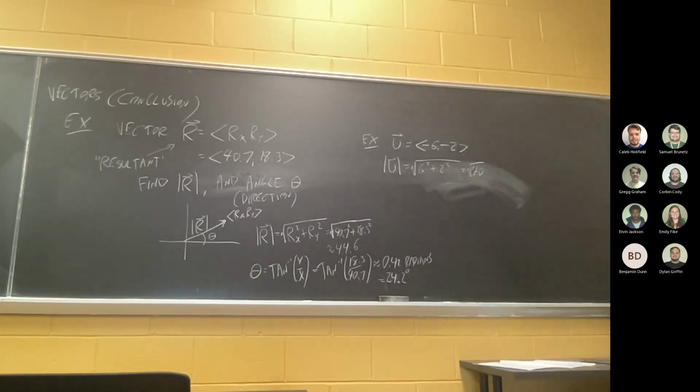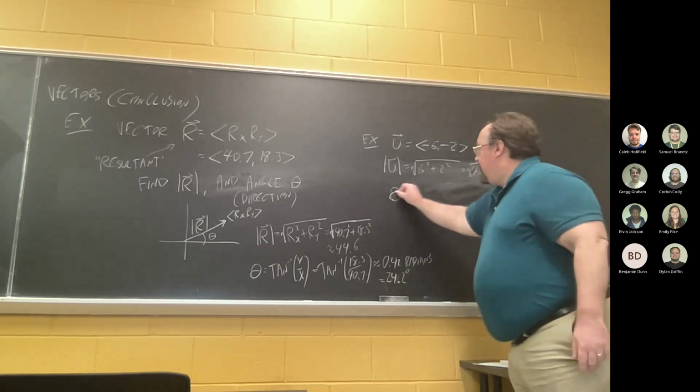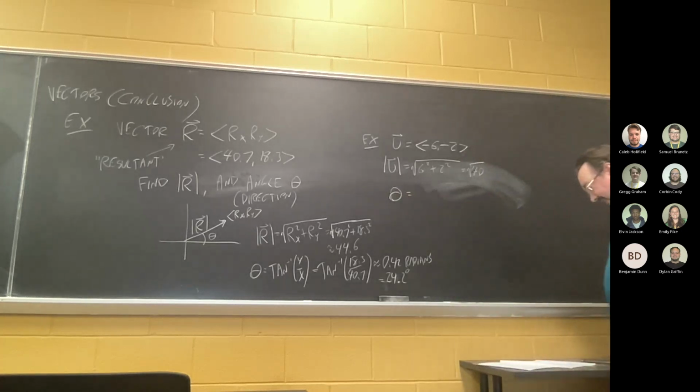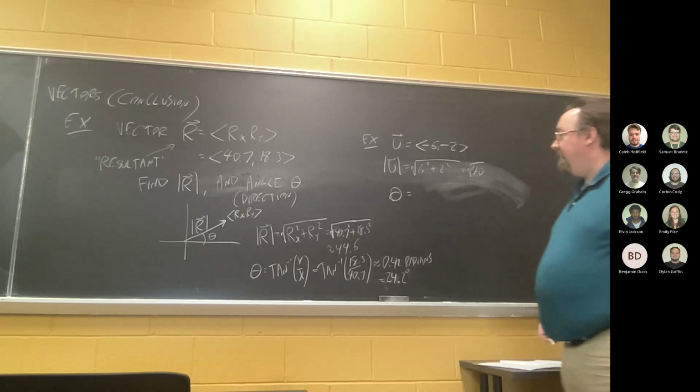So we get the square root of 40 for the magnitude, but what about theta in this case? Would it be tan x over y or arctan x over y?